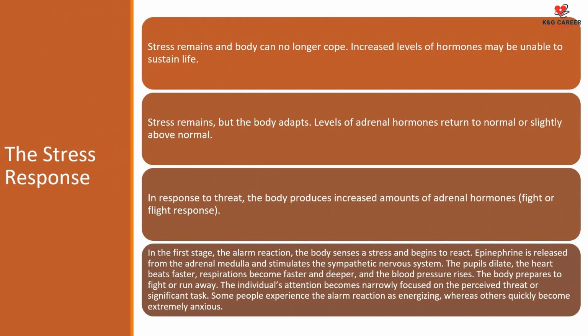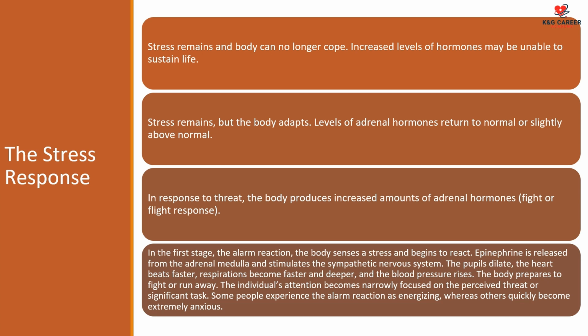The stress response. Stress remains and body can no longer cope. Increased levels of hormones may be unable to sustain life. Stress remains, but the body adapts. Levels of adrenal hormones return to normal or slightly above normal. In response to threat, the body produces increased amounts of adrenal hormones, fight or flight response.